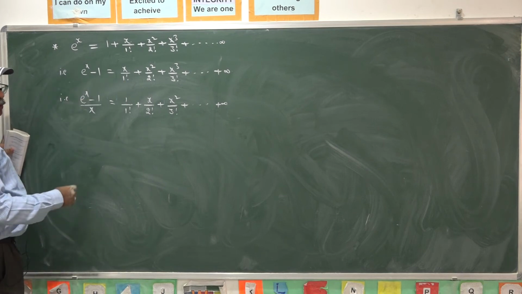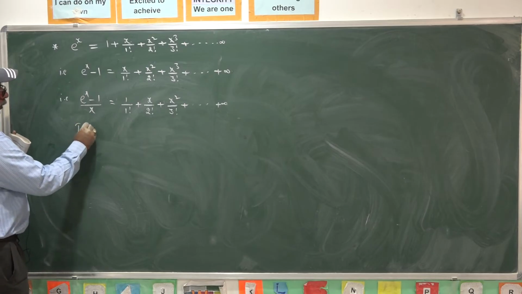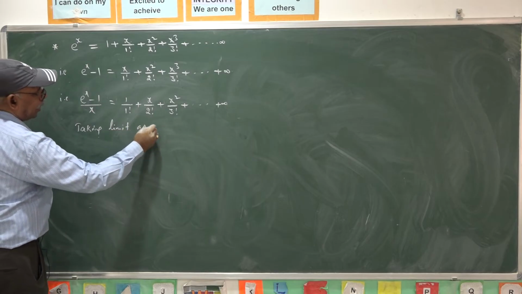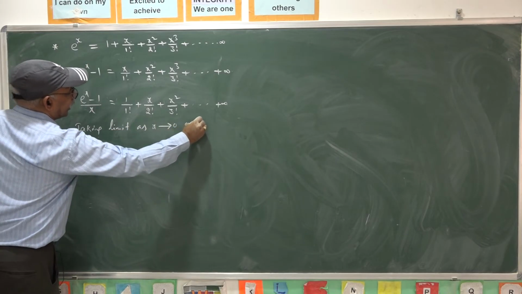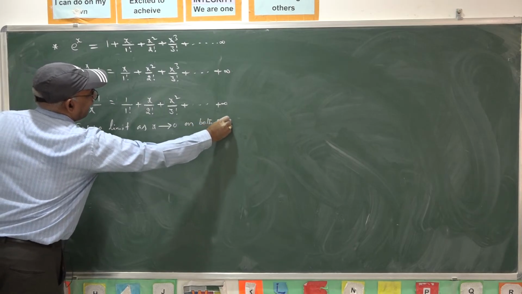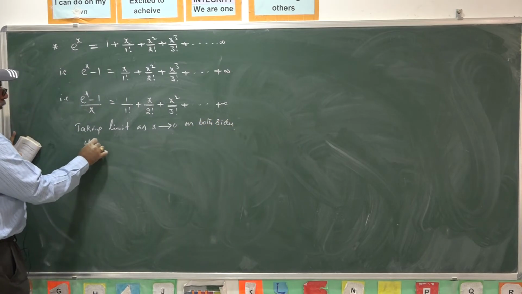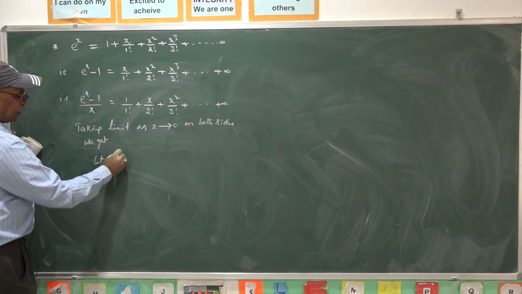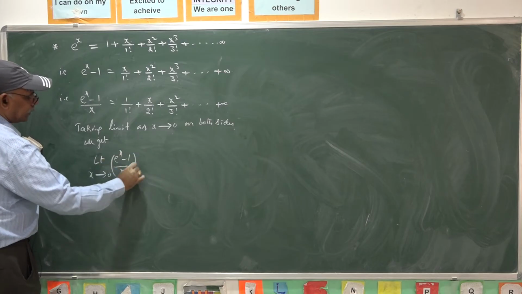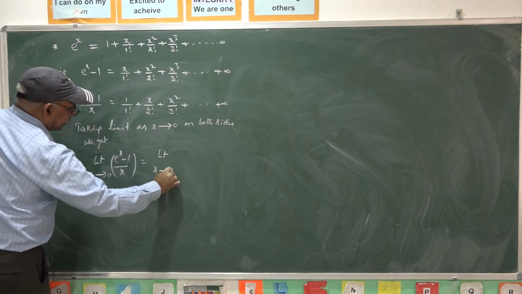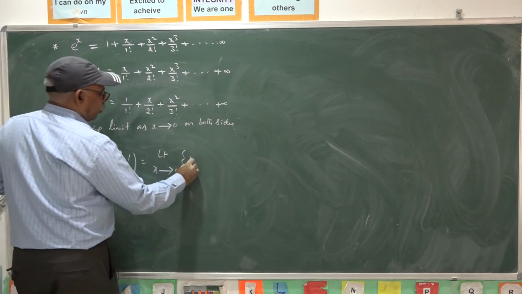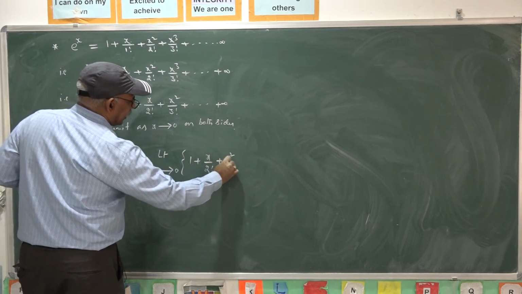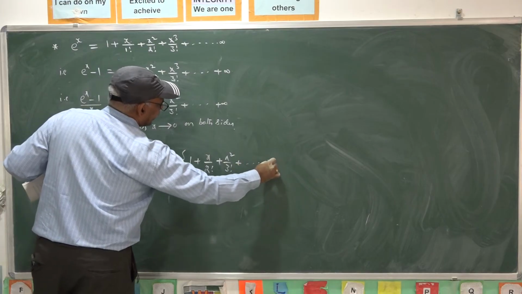Now, taking limit as x goes to 0 on both sides, we get limit as x goes to 0 of e power x minus 1 by x is the limit as x approaches 0 of 1 by 1 factorial plus x by 2 factorial plus x square by 3 factorial and so on up to infinity.